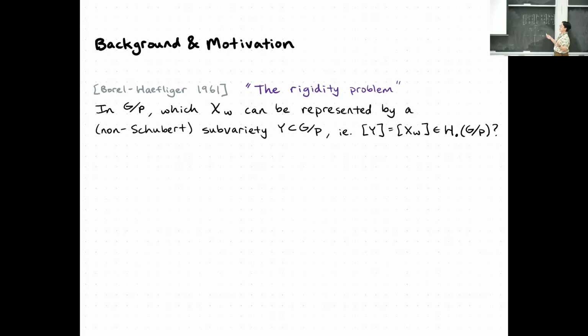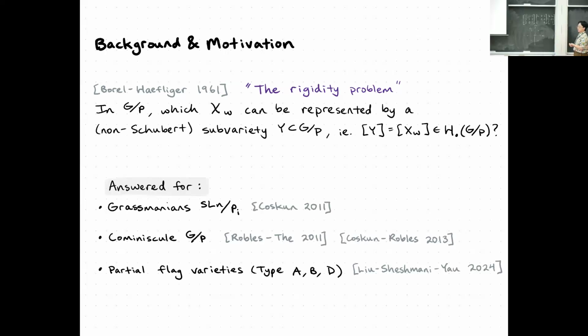Okay, so this is a big motivating question, and it has been studied by a number of people. For example, Hong answered this for regular Grassmannians, and then Hong and Robles worked on this for cominuscule G mod P's, and more recently, this was answered more generally for partial flag varieties of type A, B, and D by Liu, Sheshmani, and Yau. So this question has been studied and answered in these cases.